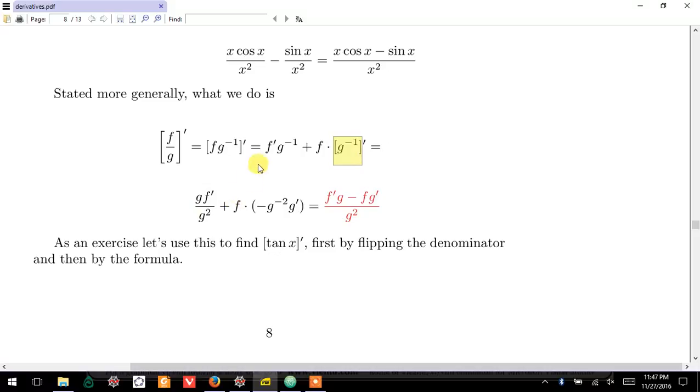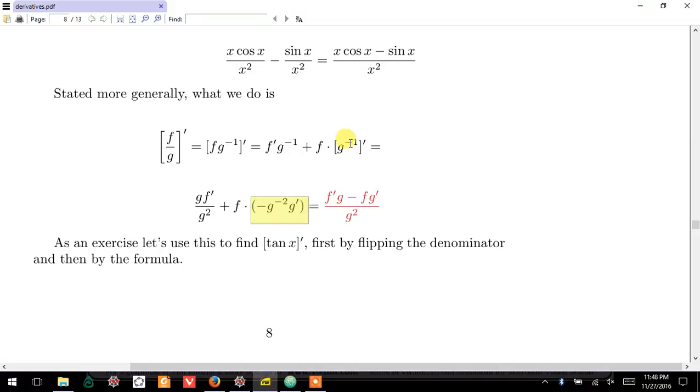But anyway, now I know that ultimately I'm going to want to add fractions, and I can kind of see into the future and save myself a bit of typing if I right away go ahead and put g back down into the denominator, and on top of that, multiply top and bottom by g. So that's what I'm doing, going from here to there. Over here, I compute the derivative of reciprocal of g with the chain rule.